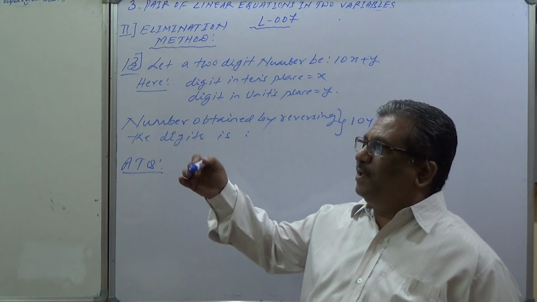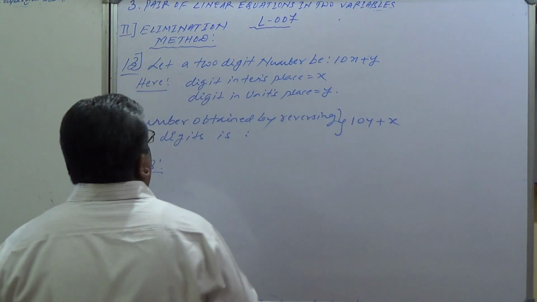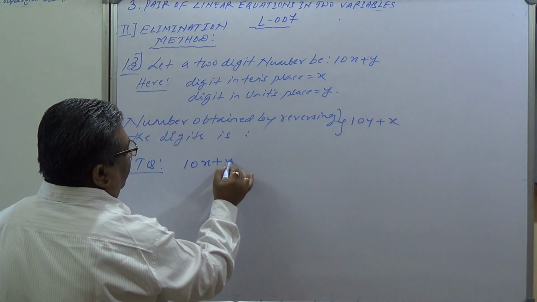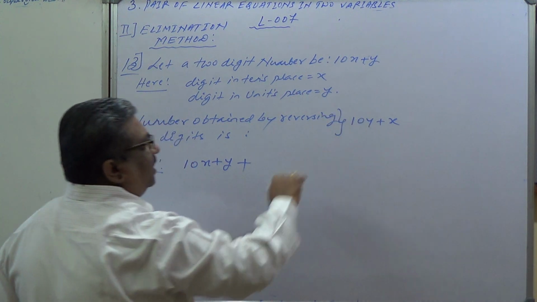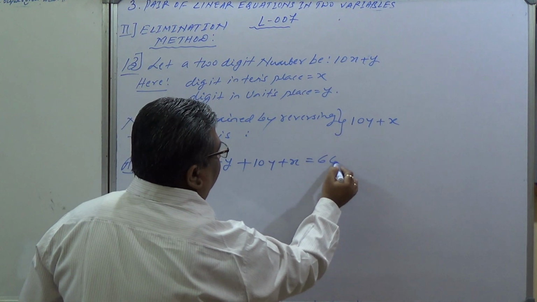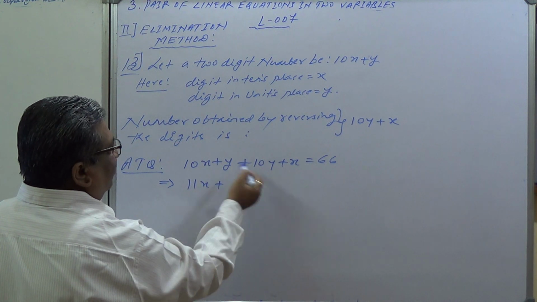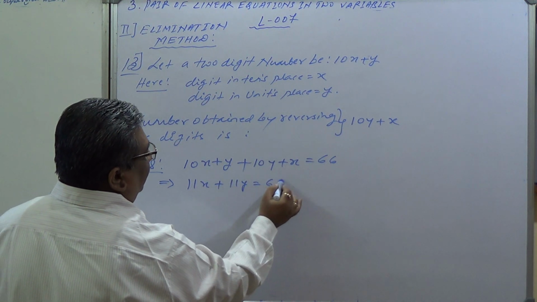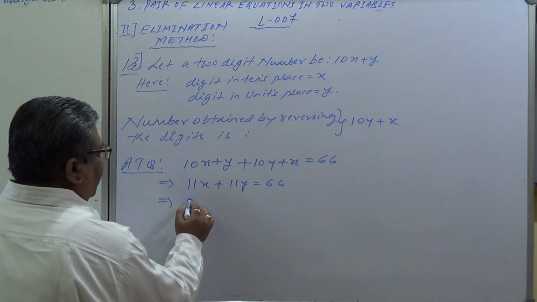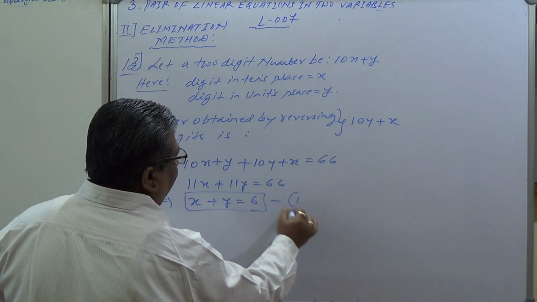That is, the sum of a two-digit number and the number obtained by reversing the digits is 66. According to the question, 10x plus y plus the number obtained by reversing the digits 10y plus x is equal to 66. Implies 10x plus x is 11x, 10y plus y is 11y, equals 66. 11 is common, divide the entire equation by 11, you get x plus y equals 6. This is equation number 1.